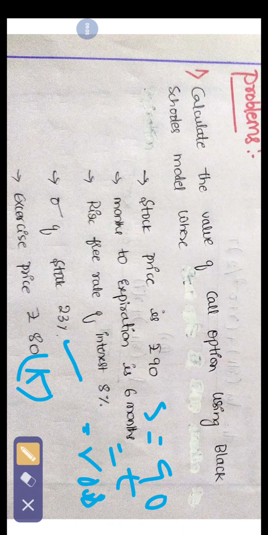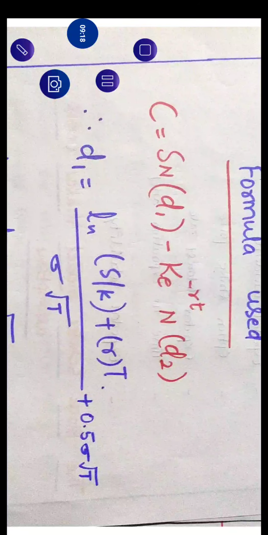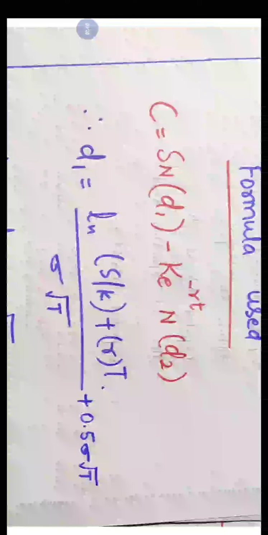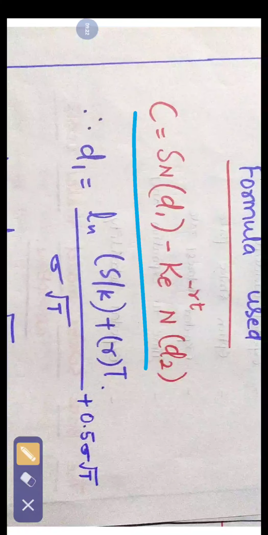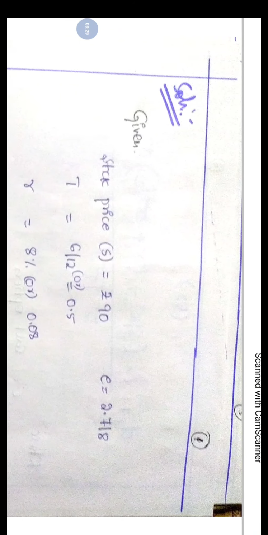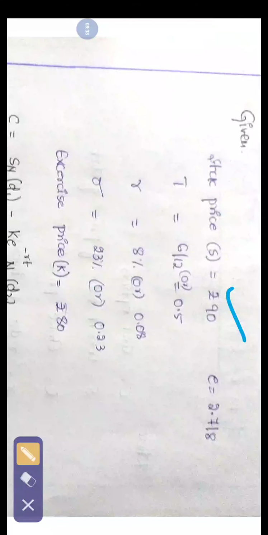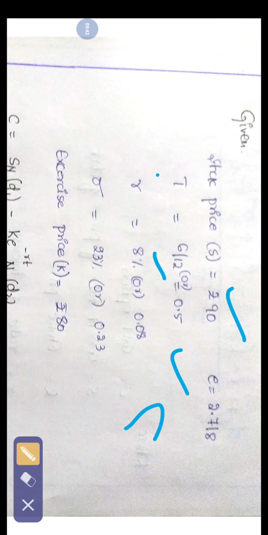So now with the help of this formula, we have to calculate the value for the call option. Take this formula: S N(d1) minus K e to the power minus rT N(d2). Given information: S is 90 rupees, T is 6 months, 6 by 12, it means 0.5. Risk-free interest rate is 8%, so 8 by 100, it is 0.08.